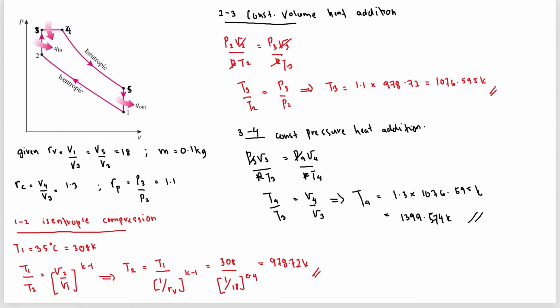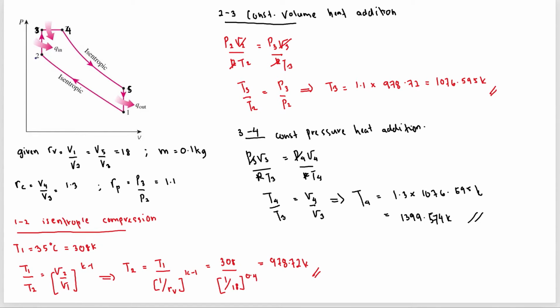Cut-off ratio is V4 over V3 and is equal to 1.3, and given here the pressure ratio at constant volume is 1.1. So at constant volume, it means P3 over P2. The questions are: A, find the heat addition at constant volume. B, find the heat addition at constant pressure.